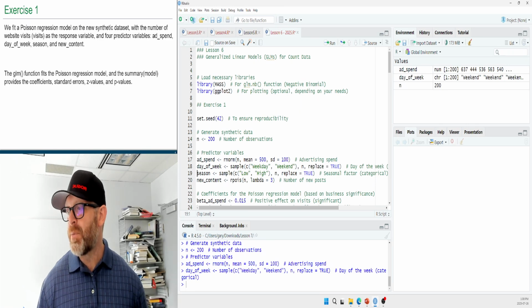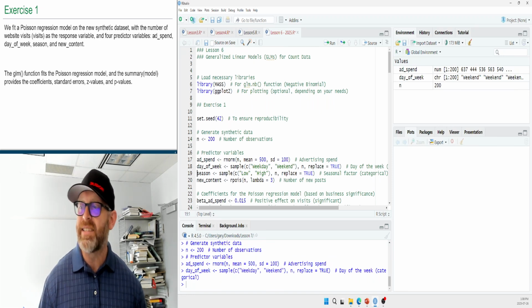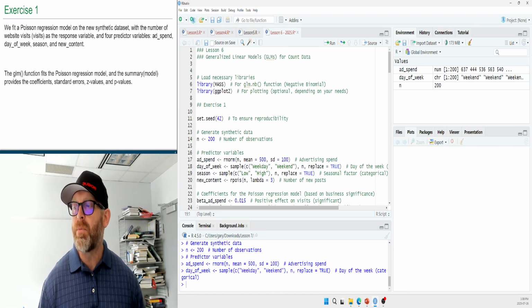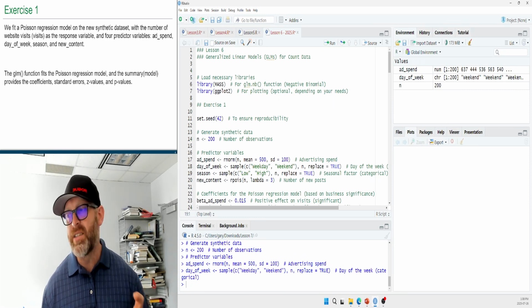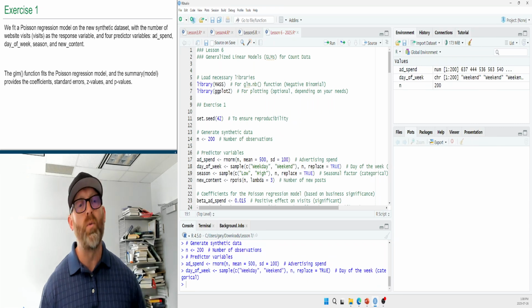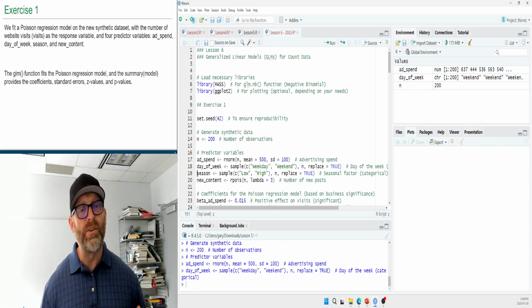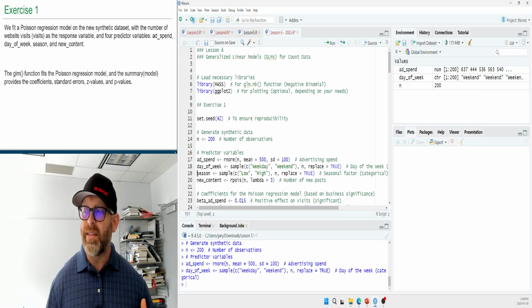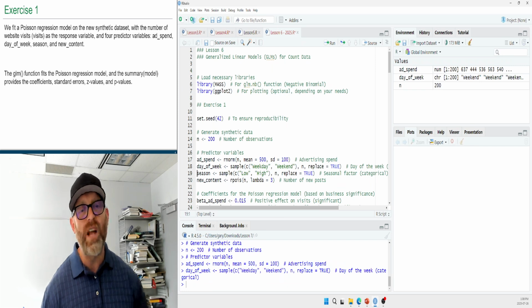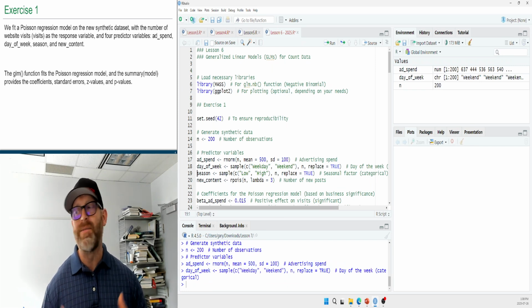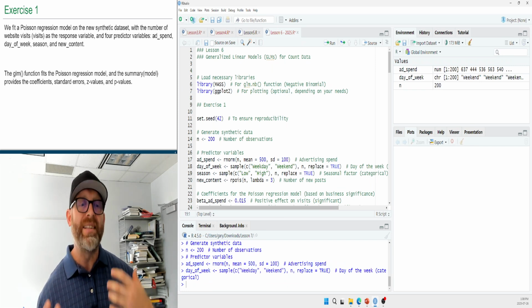We're going to do the same thing with season, so it's either going to be a low volume season or a high volume season, again using that sample function. Now do note that the last argument in this one, replace, is equal to true. What would happen if that was not set is that, again, I have a vector of 2 things. If the first time low is picked, low is removed from that vector, the only thing that could be sampled next is going to be high.